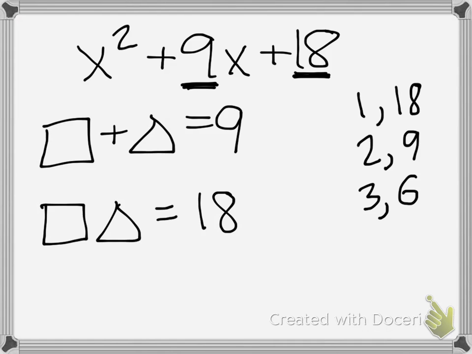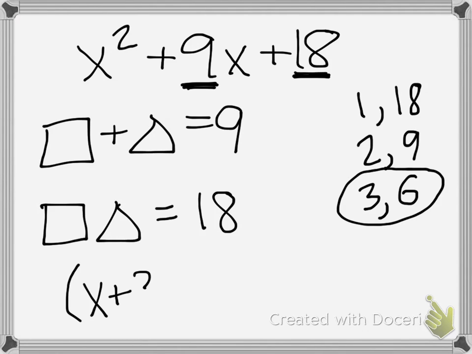Does 18 have other factors? Oh, I think that's all of them. So I need to think which of these pairs adds up to 9. 1 plus 18, that's 19, not 9. 9 plus 2, that's 11, not 9. 3 plus 6, there we go. So triangle and square are 3 and 6. So when I factor my polynomial, I have x plus 3 times x plus 6.